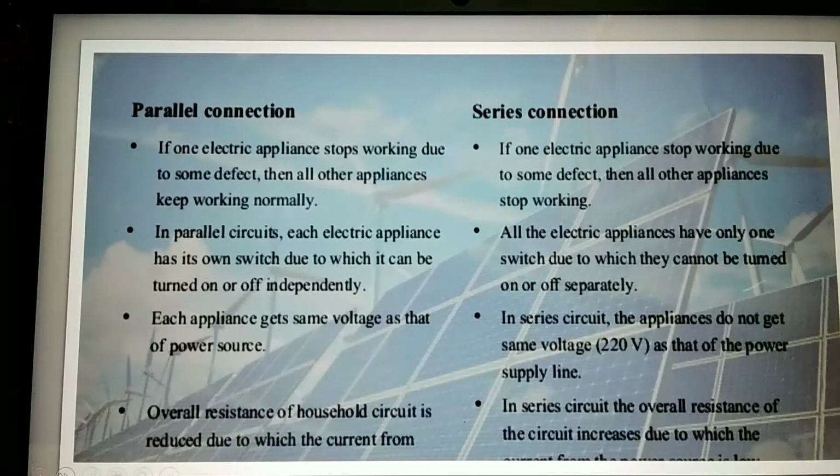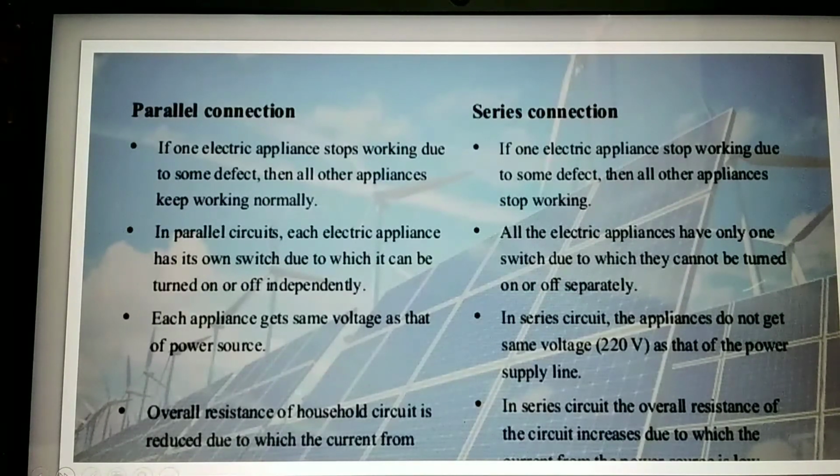In parallel circuits, each electrical appliance has its own switch due to which it can be turned on or off independently. In case of series connection, all the electrical appliances have only one switch due to which they cannot be turned on or off separately. Each appliance gets the same voltage in case of parallel connection as that of the power source.